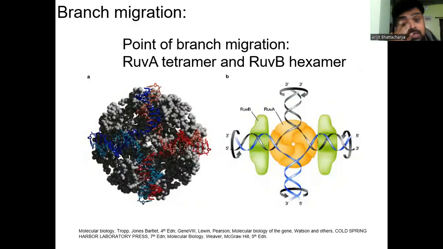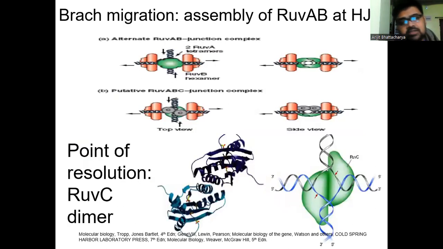RAV-B is a helicase, as I mentioned earlier, and RAV-A actually identifies the holiday junction. So this RAV-A RAV-B complex allows this holiday junction to migrate further, and this movement results in extension of the recombined strands. So, further exchange of the recombined strands.